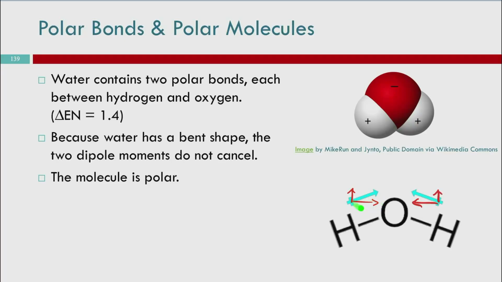So these arrows pointing in cancel each other out. They said something they weren't supposed to, so they're canceled. These arrows that are pointing up, however, do not cancel out, so those are actually adding to each other. So we have a net dipole moment of a partial negative up top and a partial positive down below. And let me change these colors.